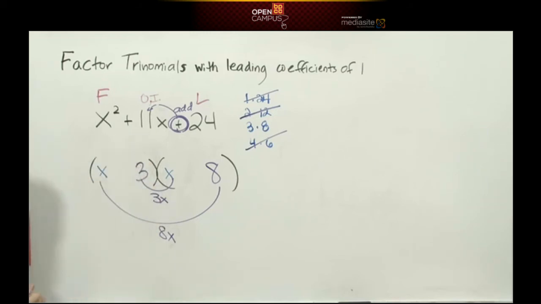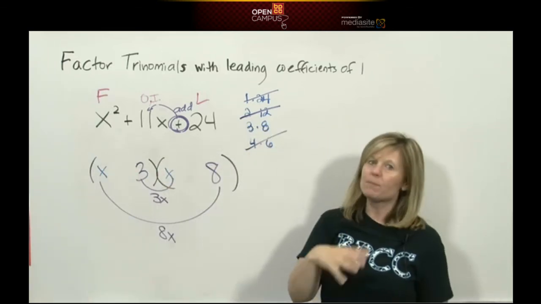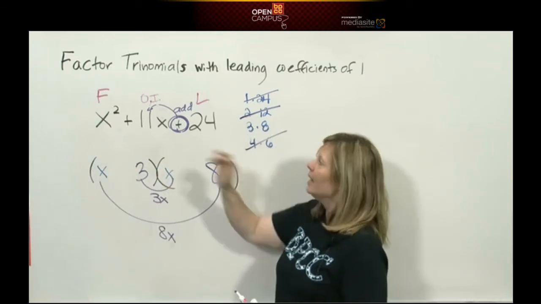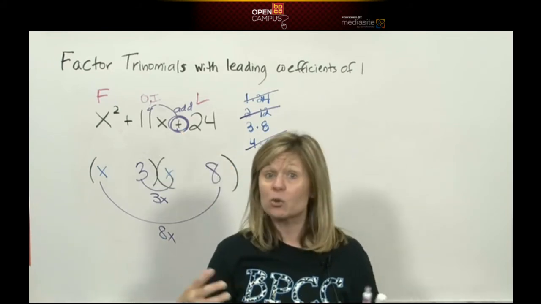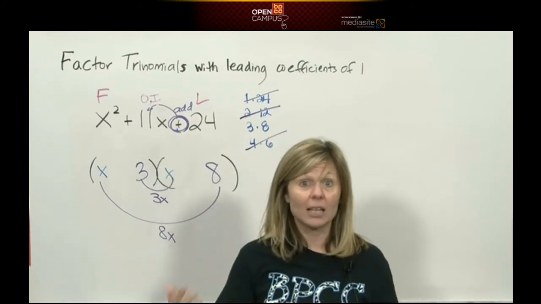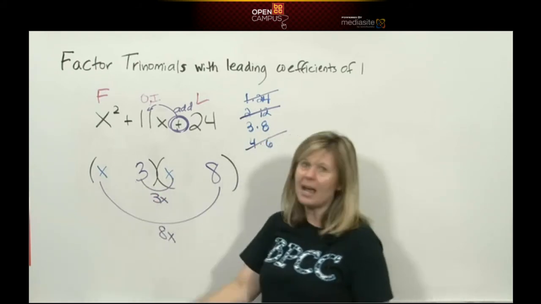If you had a 3x and an 8x, would you get 11x? You sure would. Now you're still not done, because for these to be binomials, you need symbols in the middle. It goes back to all the rules we've learned. If you're adding, the signs must be the same, because we can only add terms that are alike. So either both of these are going to be positive or both of these are going to be negative.